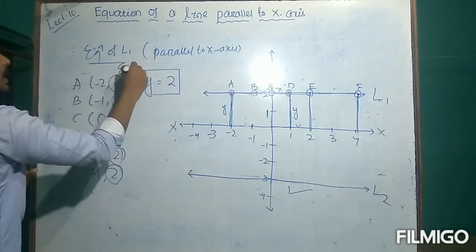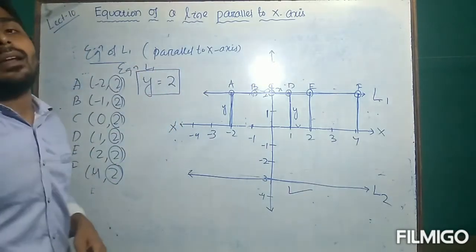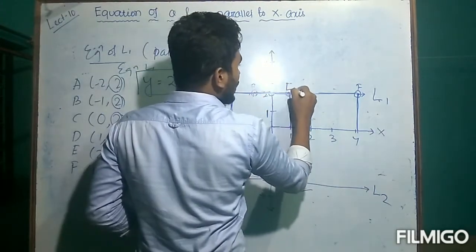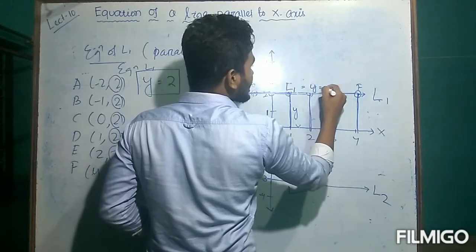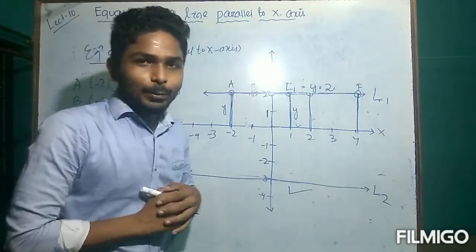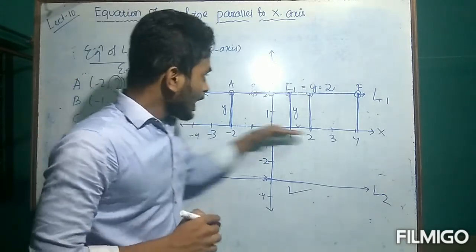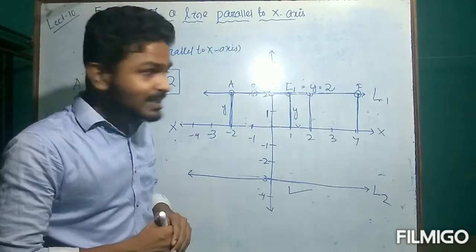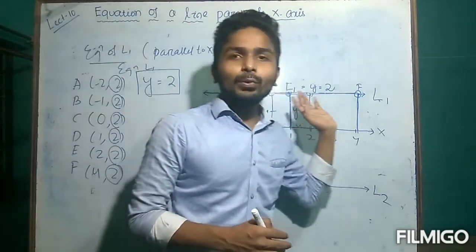This is the equation of line L1, right? So you can write the equation of L1 is y is equal to 2, correct? So what do we get? Any line which is parallel to the x-axis has an equation y is equal to a constant, here y is equal to 2.